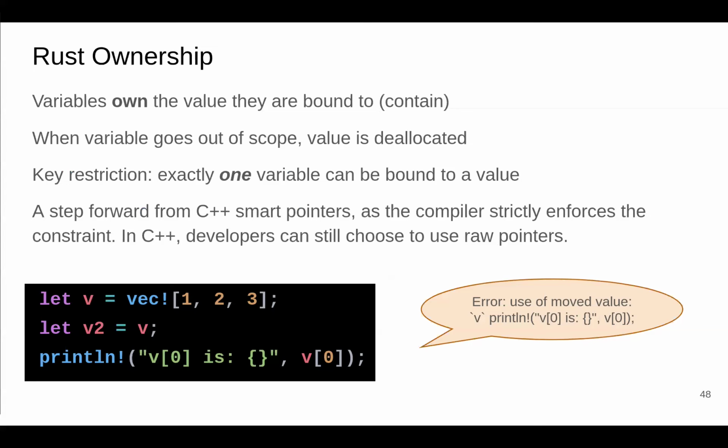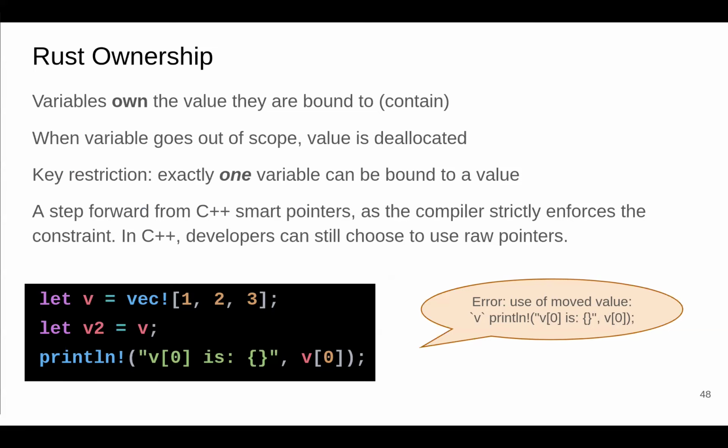Rust ownership works as follows. Variables own the value they are bound to, as in they contain it. So variables own the different data they point to, and when a variable goes out of scope, the value is deallocated, similar to the smart pointer that we looked at for C++ just a minute ago. A key restriction is that exactly one variable can be bound to a value, like a unique pointer in C++.